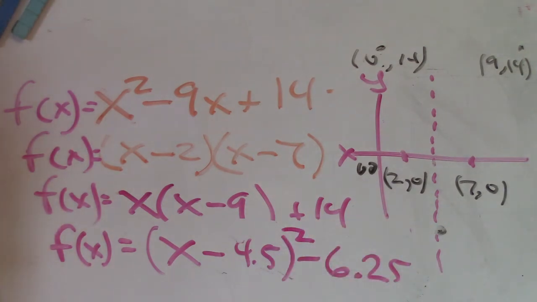No, you have to put your squared in. Alright, so what number makes this whole thing 0? Maybe x plus 4.5. Okay, so x has to be positive 4.5. Positive 4.5 minus 4.5 is 0.